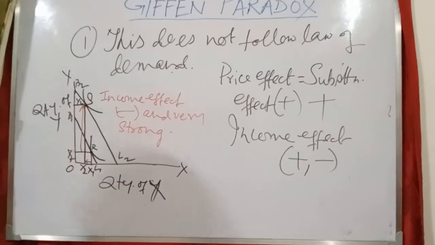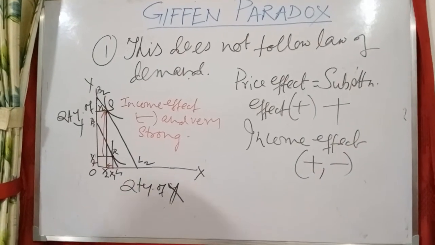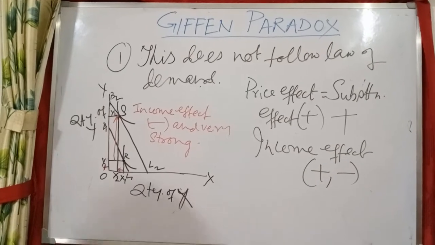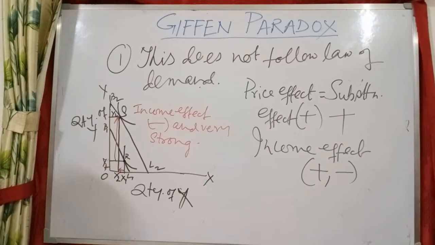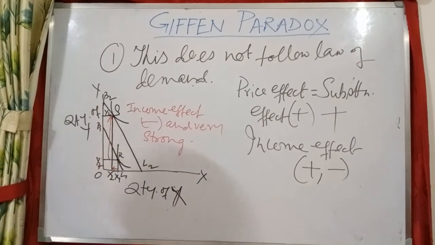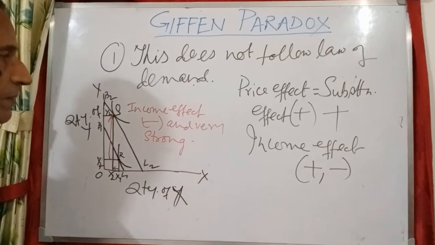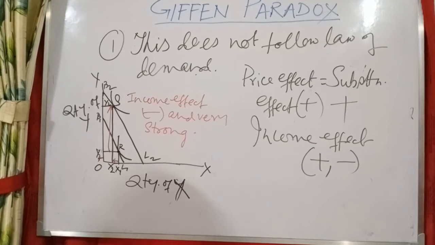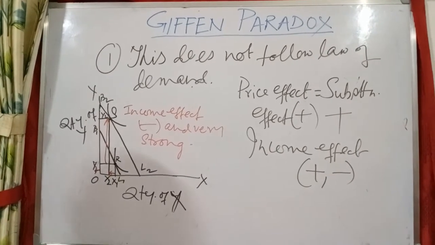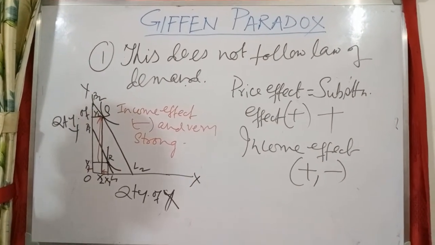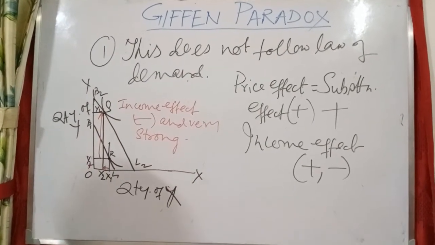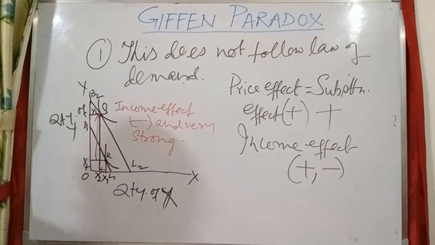Substitution effect says that as the price of a commodity falls, the consumer will purchase more of it. This is the psychology of consumers. But the income effect says that the consumer will not consider the relative changes in prices. The consumer will only consider his increase in real income.